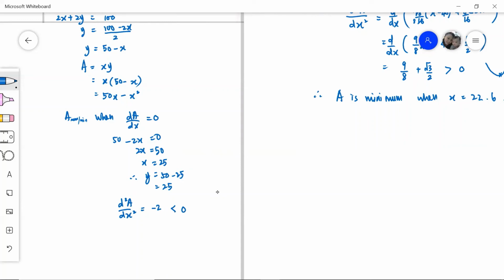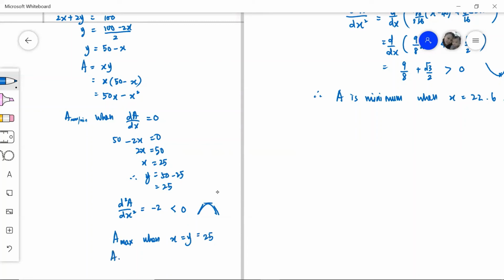So from positive to 0 to negative. So our graph will look like this. From positive gradient to 0 gradient to a negative gradient. That's why it keeps reducing. You got negative value. Therefore, our A will be maximum when x equals y equals 25.